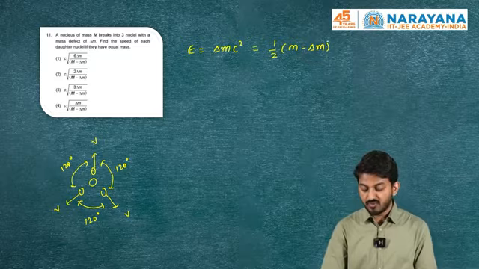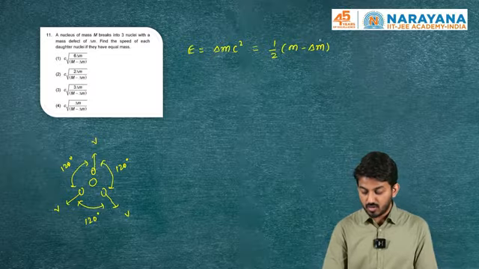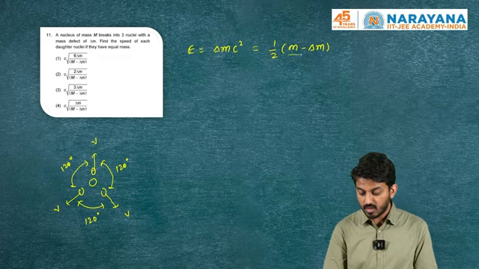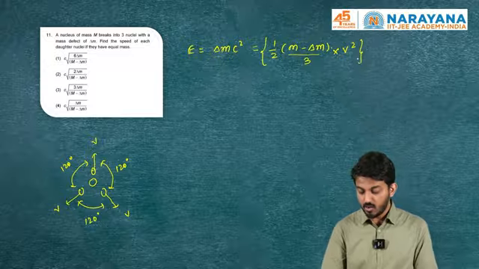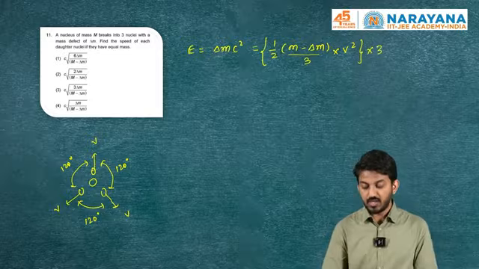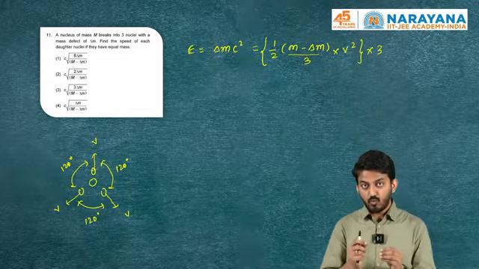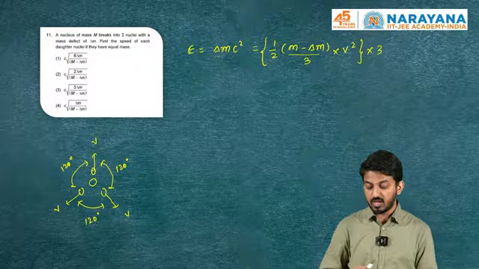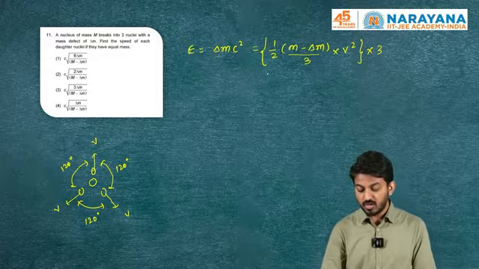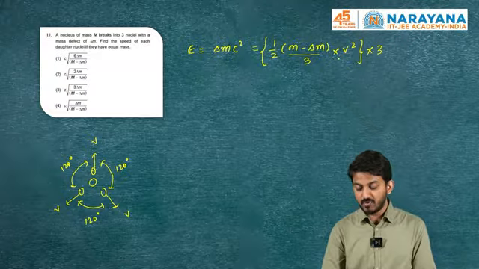Delta m is the total mass defect, so we write the mass as 1/3 of M minus delta m, into v square. We have three such nuclei, and 1/3 of that is the mass of one nucleus. So this is the kinetic energy of one daughter nucleus, multiplied by 3 for 3.